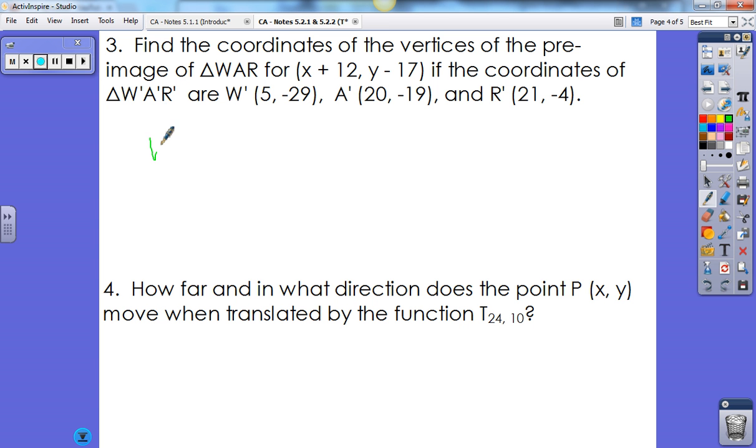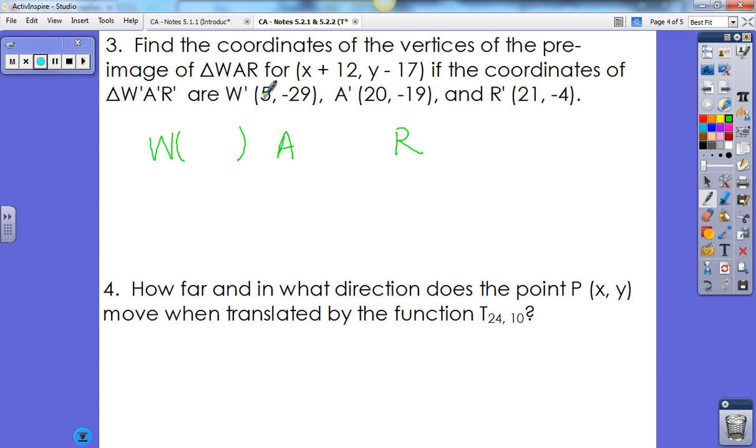So we're finding the coordinates now for W, A, and R because they gave me W prime, A prime, and R prime. So when you look at each of these, for my x value, whatever x was before, I added 12 and got 5. So what do I have to add 12 to get an answer of 5?